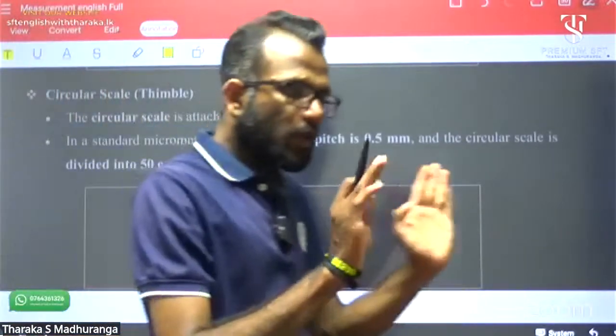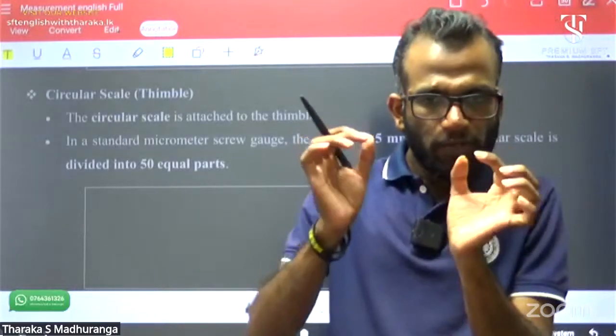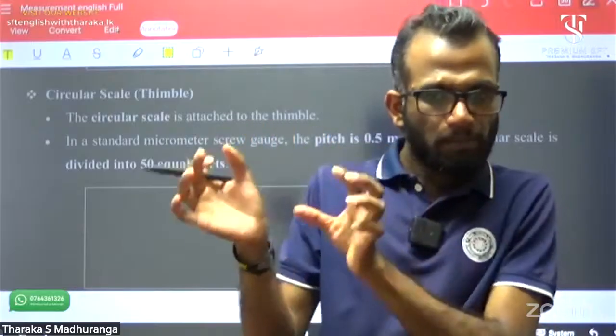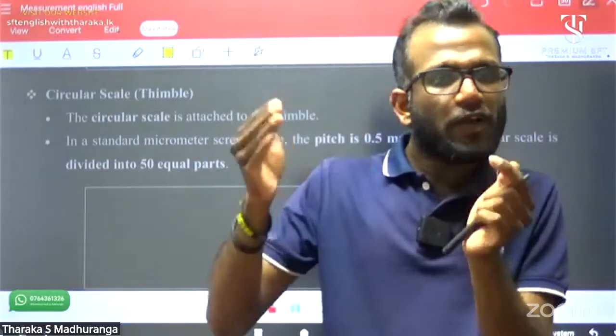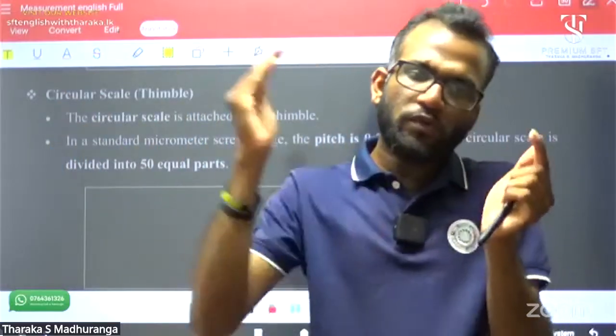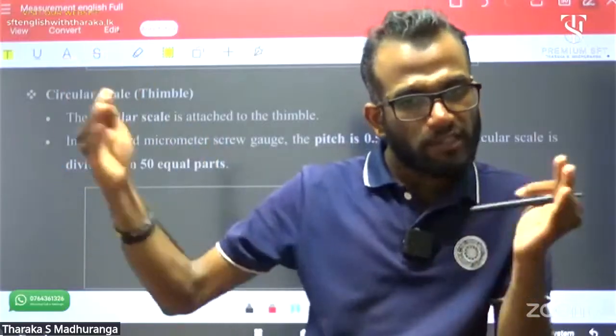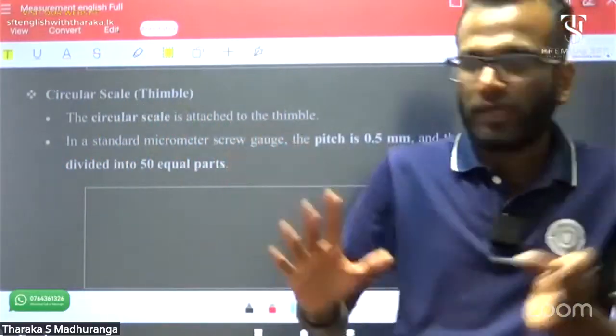Okay, now you have a full idea about the linear scale. It's calibrated in 0.5 millimeter parts and marked 5 by 5. Values are given 5 by 5: 0, 5, 10, like this until 25 millimeters. The maximum is 25 millimeters.